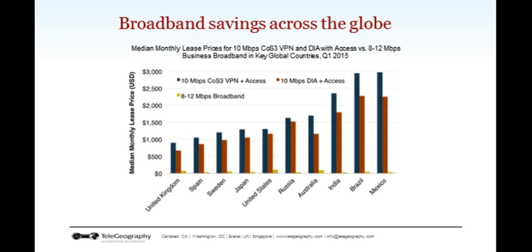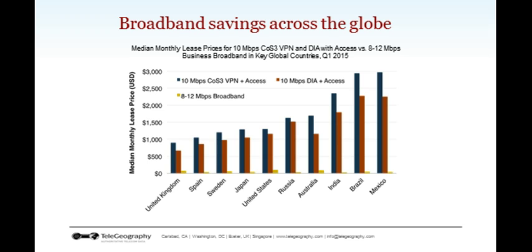So what you get, for example, are places like the U.S., where certainly the network market is very competitive and prices for VPN and DIA are perhaps a bit lower. But the broadband ISP market may not be quite as competitive in some cases as some other countries. So you have a multiple between that broadband and 10 megabit VPN that's still very considerably large, but not as large as in other places.